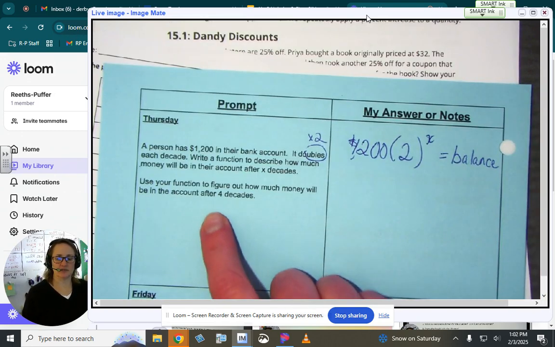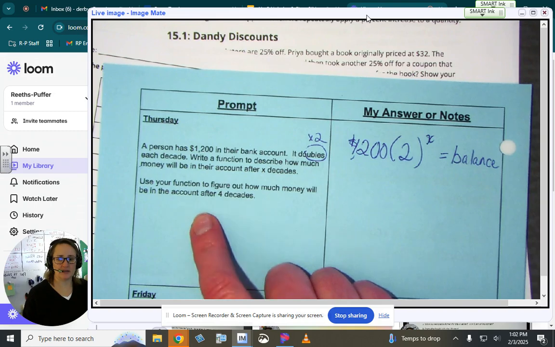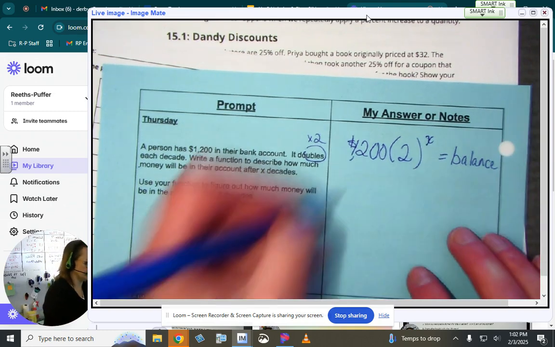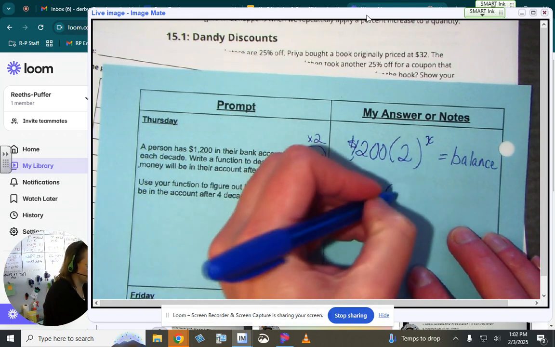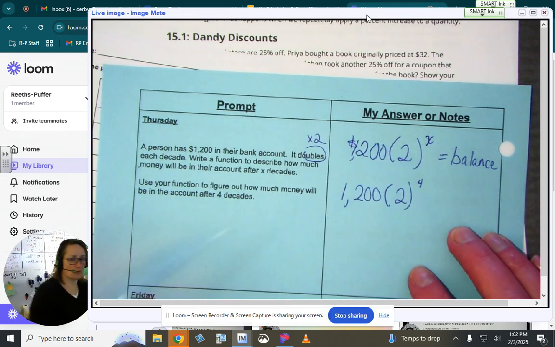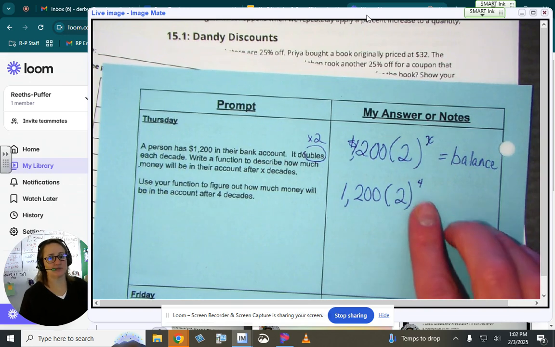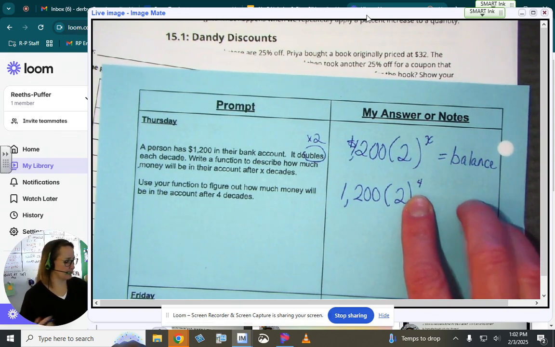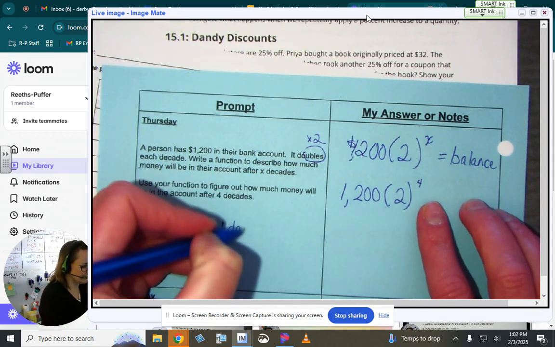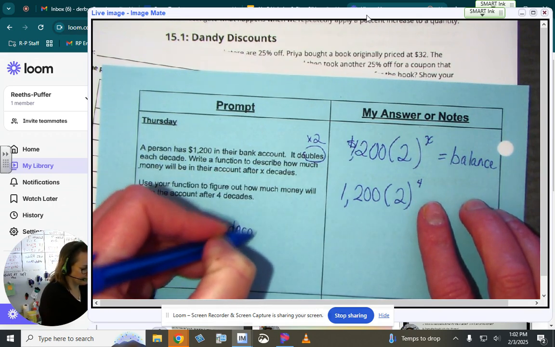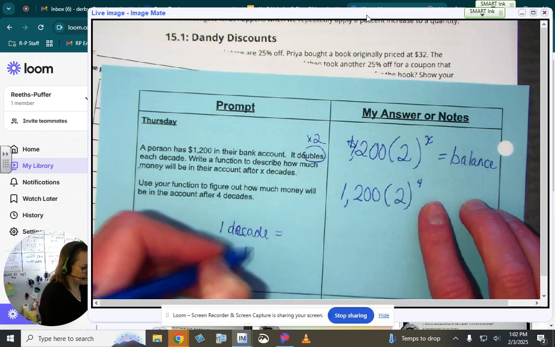So now I need to use my function to figure out how much money will be in the account after 4 decades. Take that 1,200, we're going to double it 4 times over. Now that means 40 years, so be careful with that. That's 4 decades. 1 decade equals 10 years.